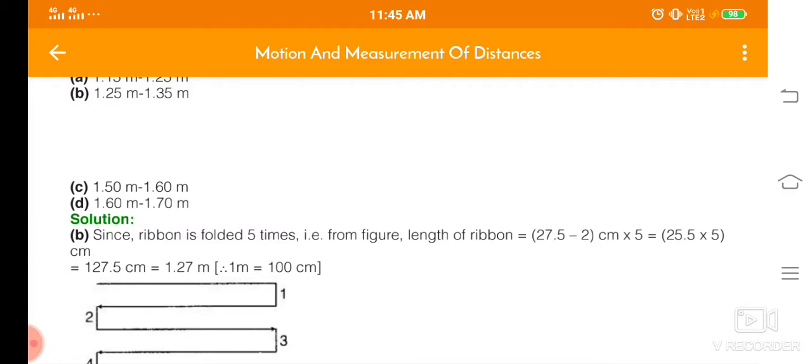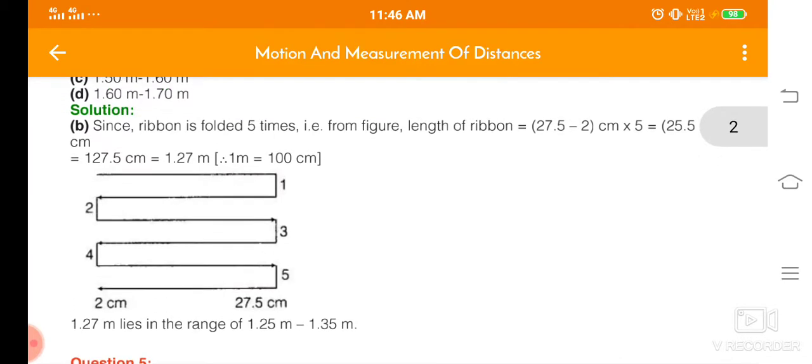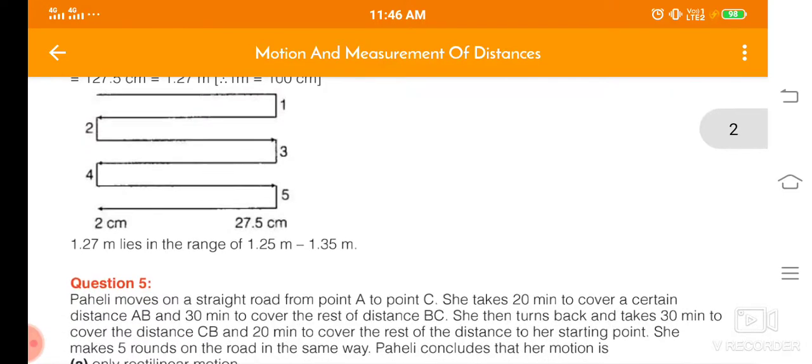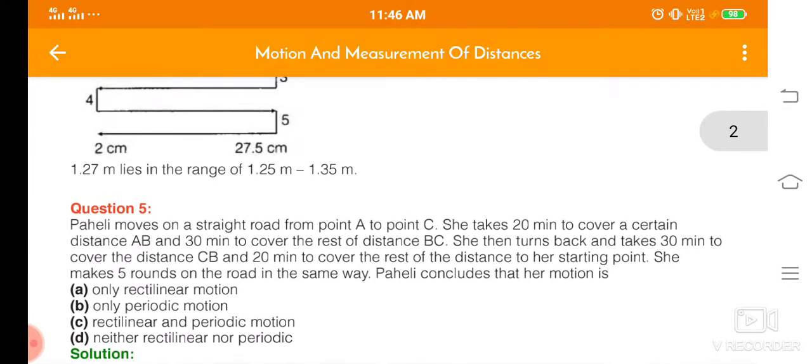From the figure, length of ribbon is (5.5 minus 2) centimeter multiplied by 5, which equals 5.5 multiplied by 5 centimeter, equals 127.5 centimeter, equals 1.275 meter, where 1 meter equals 100 centimeter. So 1.27 meter lies in the range of 1.25 to 1.35 meters.